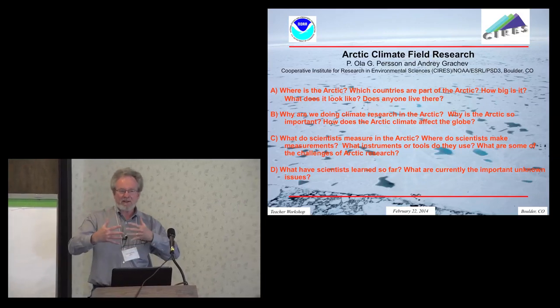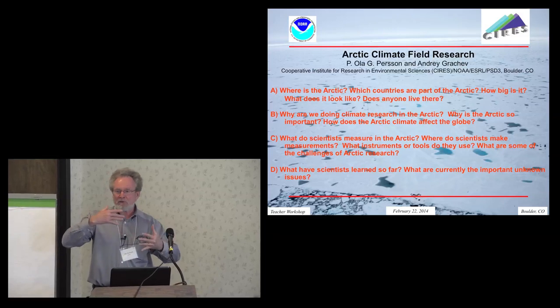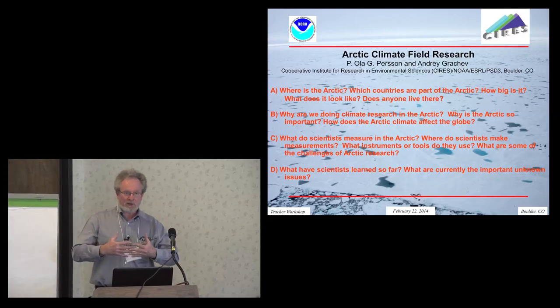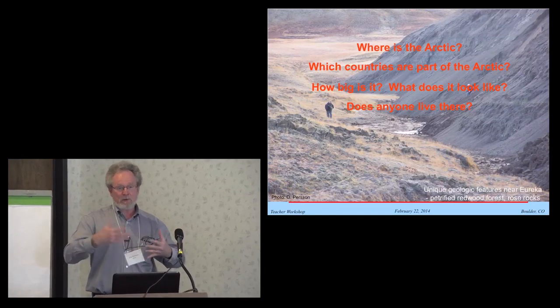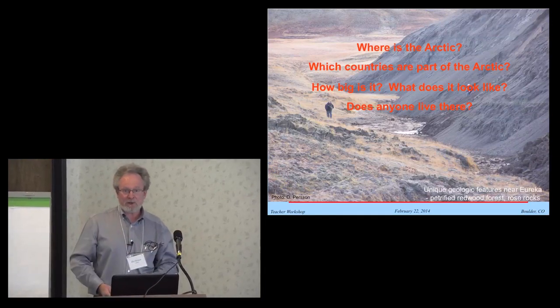But it's to set the environment, so you can visually see what the Arctic looks like, and also how some of the measurements are being made, some of the remote sensors and other types of instruments that are used.